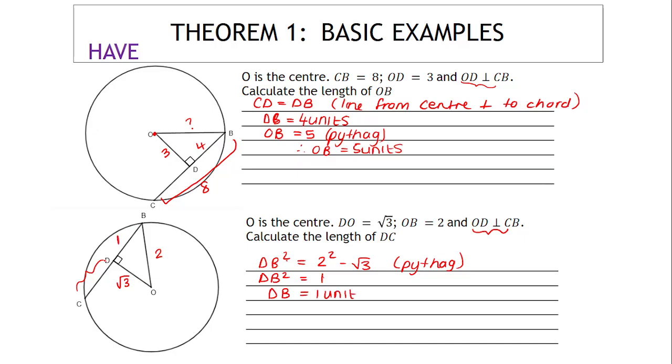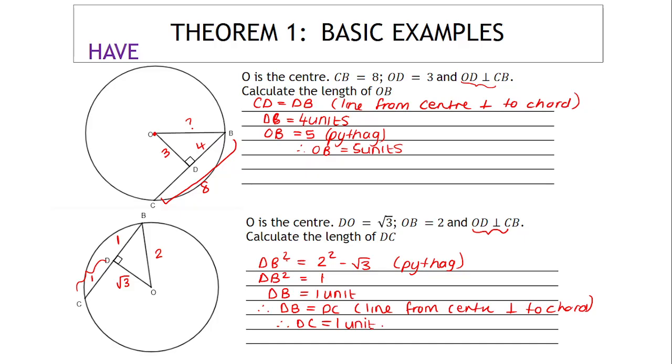How do I know that DC is also 1? Because DB is equal to DC, line from center, perpendicular to chord. Great. Therefore, DC is going to be 1 unit.